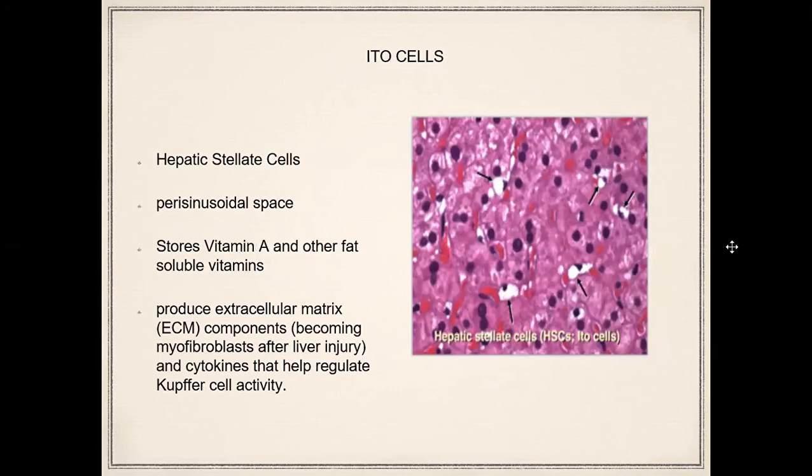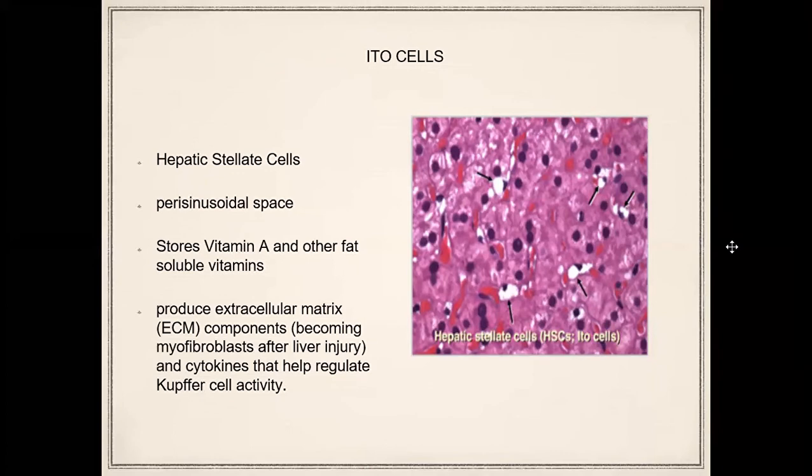What are Ito cells? Ito cells are hepatic stellate cells. They are in the perisinusoidal space. Small, they store vitamin A and other fat-soluble vitamins. They produce extracellular matrix components, becoming myofibroblasts after liver injury.